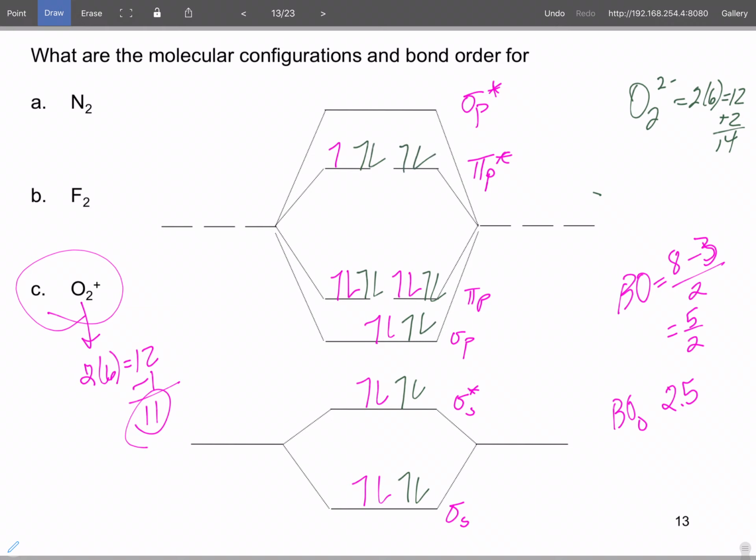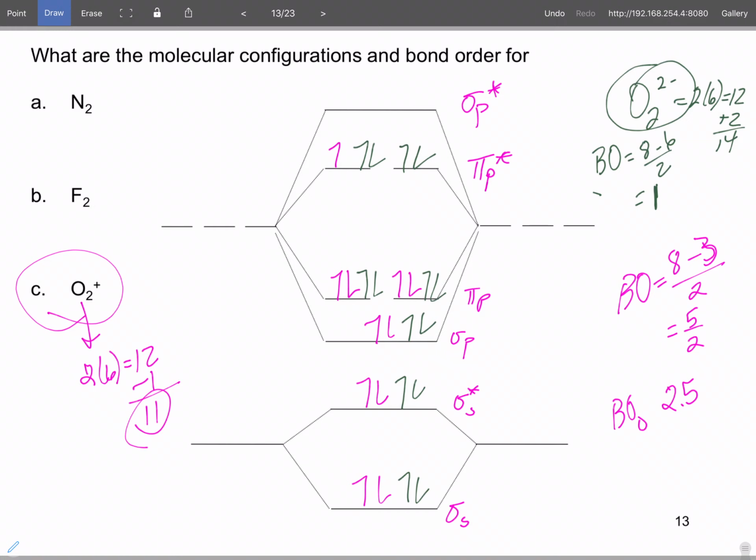So in the case of this one, our bond order for the O2 2 minus is 2, 4, 6, 8 minus 2, 4, 6, over 2. So the bond order here is 1.